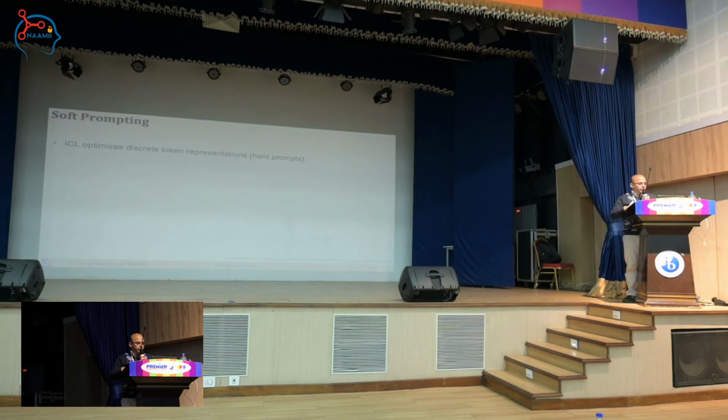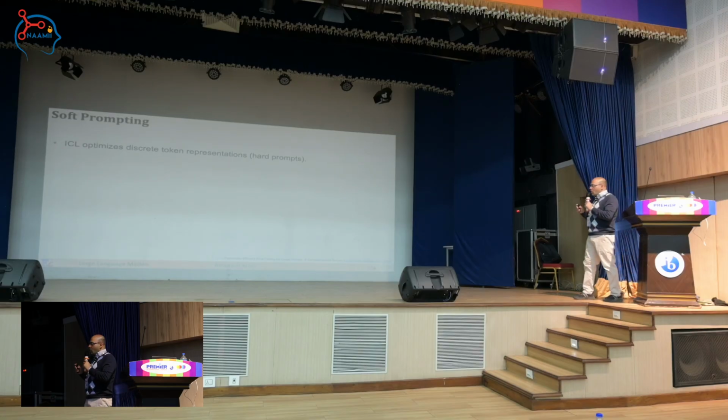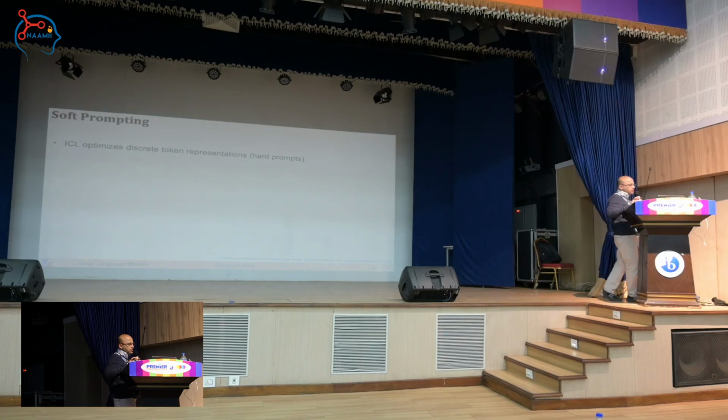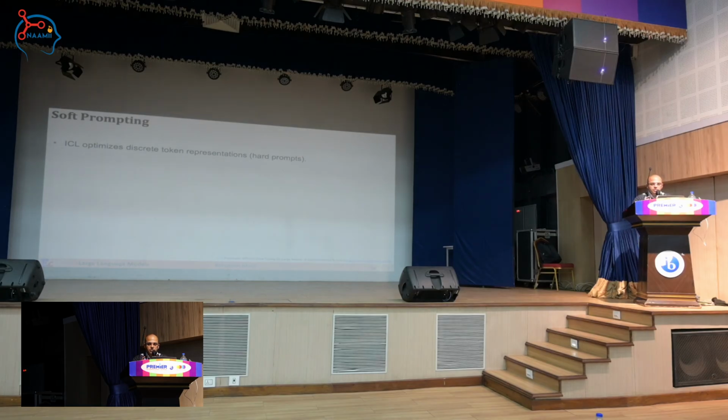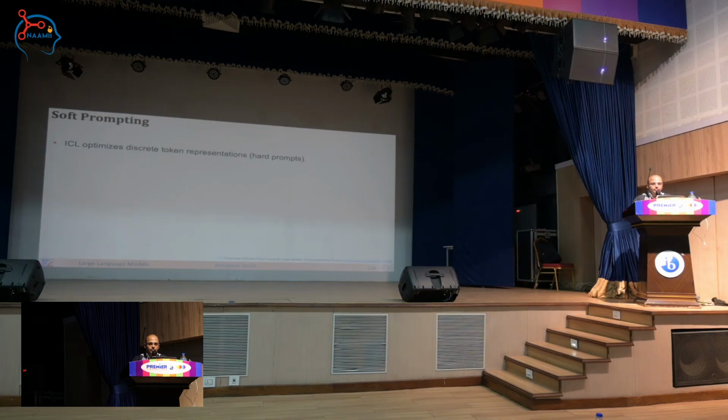All right. In soft prompting, you saw in context learning, right? In context learning, or ICL, is called hard prompting, because via prompt engineering we are trying to optimize the discrete tokens which are given as prompts to the LLM.